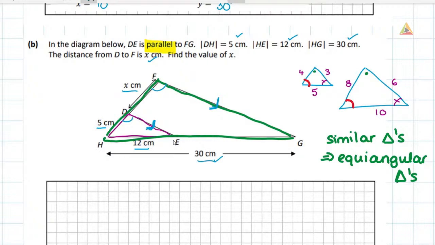We're going to have the same with our angle from F to G to H. So this angle here is going to be the same size as the angle from D to E to H, so this angle here. And again, they're corresponding angles inside our parallel lines, so our parallel lines and our line going across them, so they're corresponding angles.